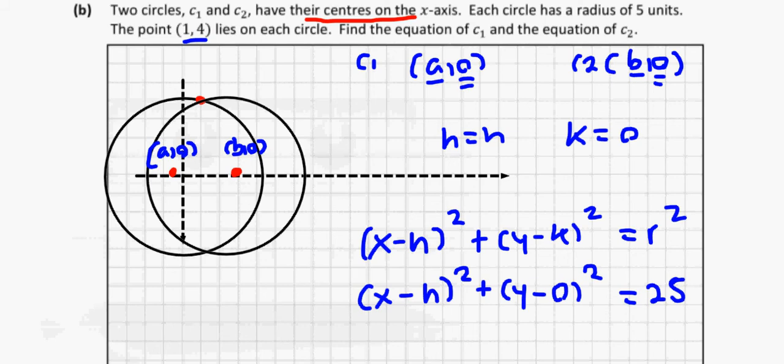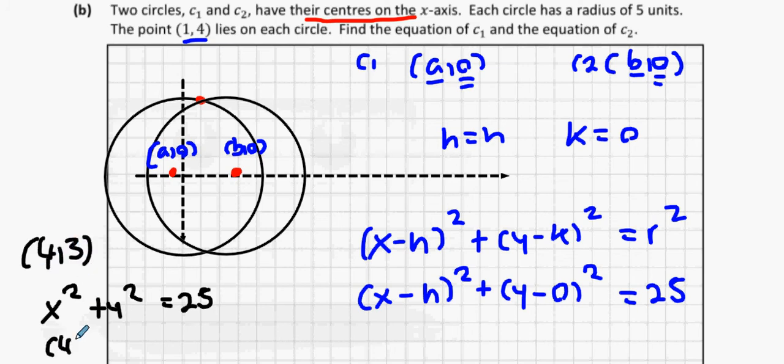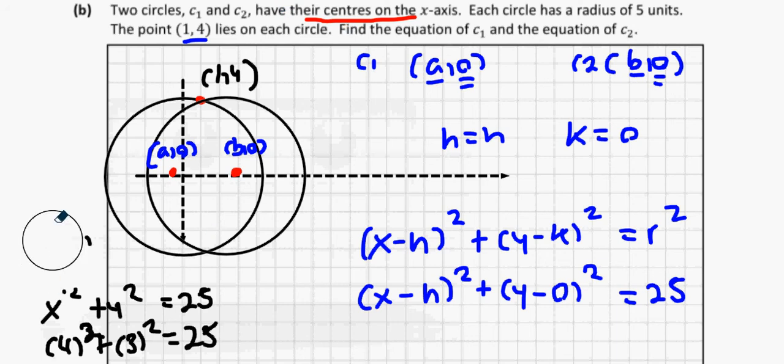But we know a point on these circles. For example, if I gave you a question earlier like x squared plus y squared equals 25, and I told you the point (4,3) is on this circle, then when you replace x with 4 and y with 3, it balances the equation. Because I'm told the point (1,4) is on both circles, I can replace x with 1 and y with 4, and it should still balance.